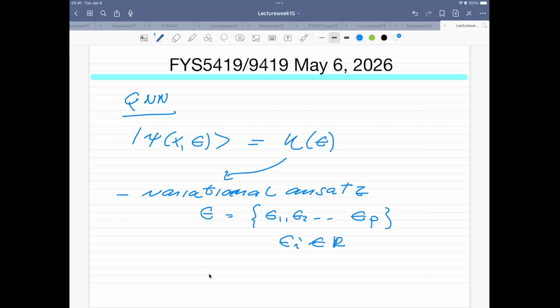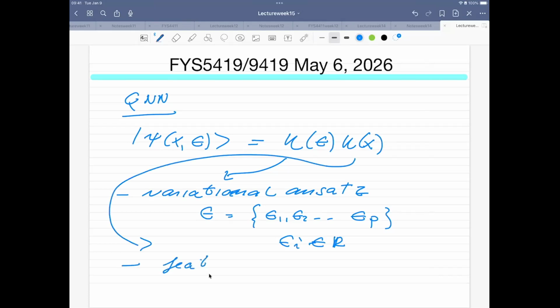Then we have another unitary transformation, which is normally called the feature map, which encodes the data into a state which we then can use for quantum computing manipulations. So this U of x is normally called the feature map.